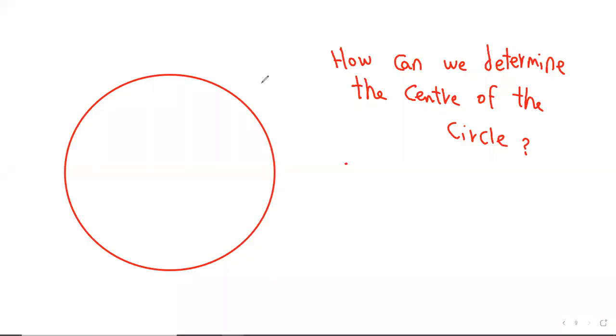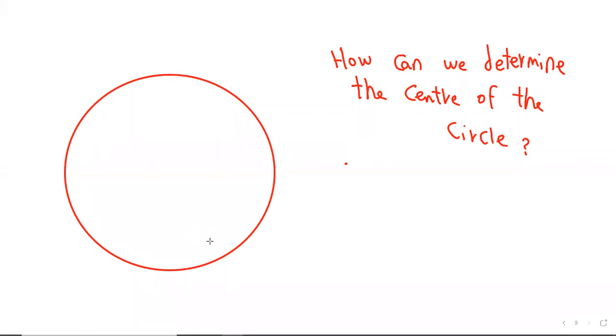Here we have a circle, and I want to know the center of the circle. In which place does the center of the circle exist? How can we determine the center of the circle?